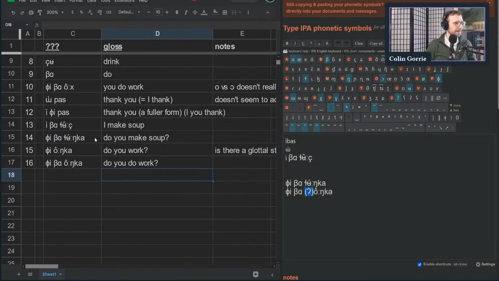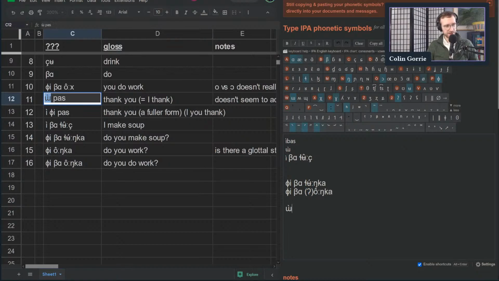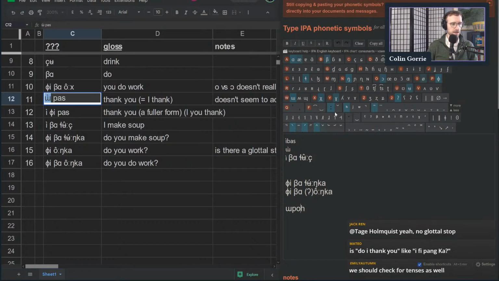Ubo. This doesn't seem to be so low. Ubo.